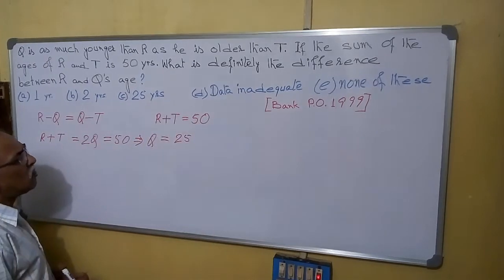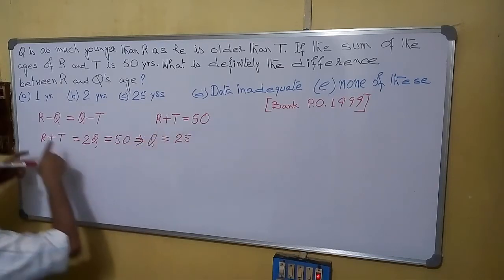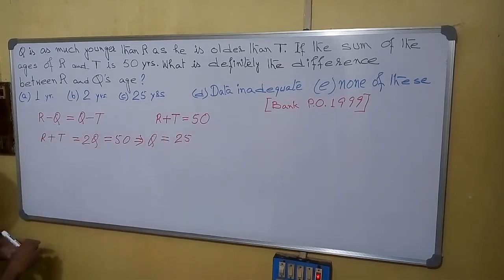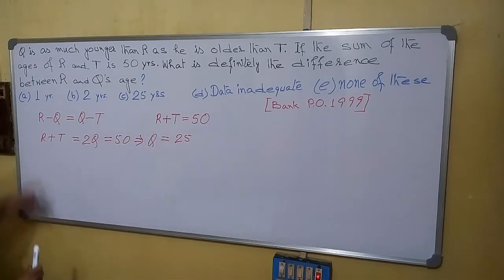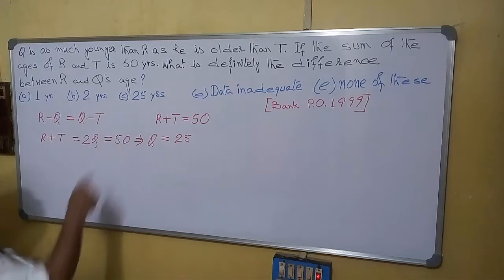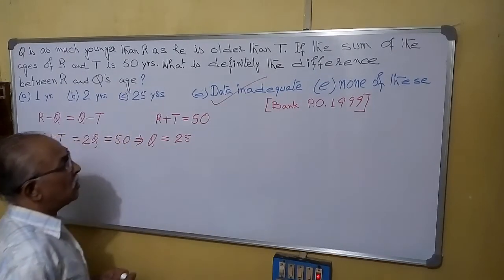Or to make it 50, R may be 40, T may be 10, which will satisfy all these conditions. So R and T may have different ages and no further information is provided. So we cannot come to any conclusion. So we will say the data is inadequate.